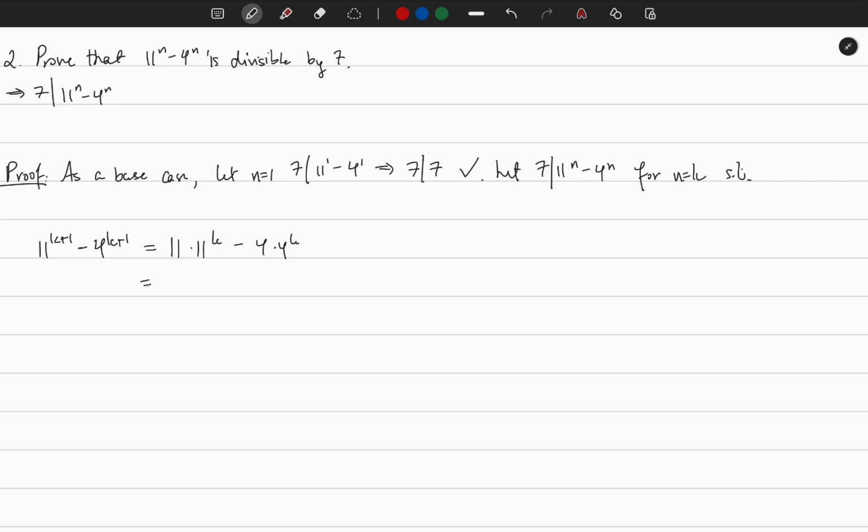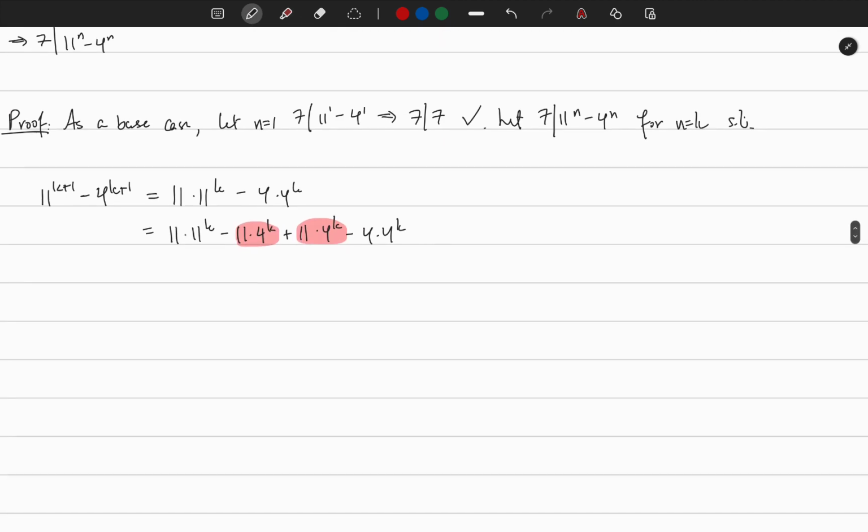So why don't we just subtract a 11 times 4 to the k, and then re-add that back because we don't want to change the problem. Minus 4 times 4 to the k. This is our magic zero right here.